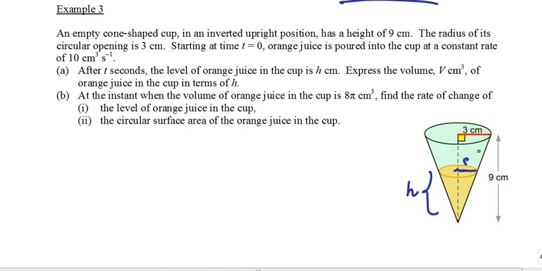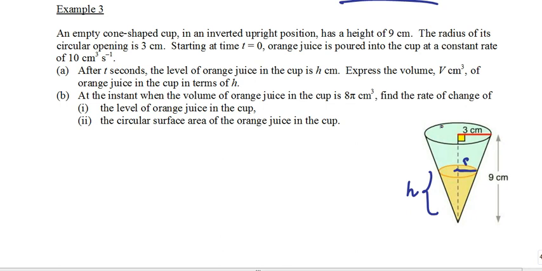Is there a way for us to find the radius given what we have here? Well, we will need to make use of the concept of similar solids. You can see that the orange volume here is similar to the bigger cone, right? So these are similar objects.